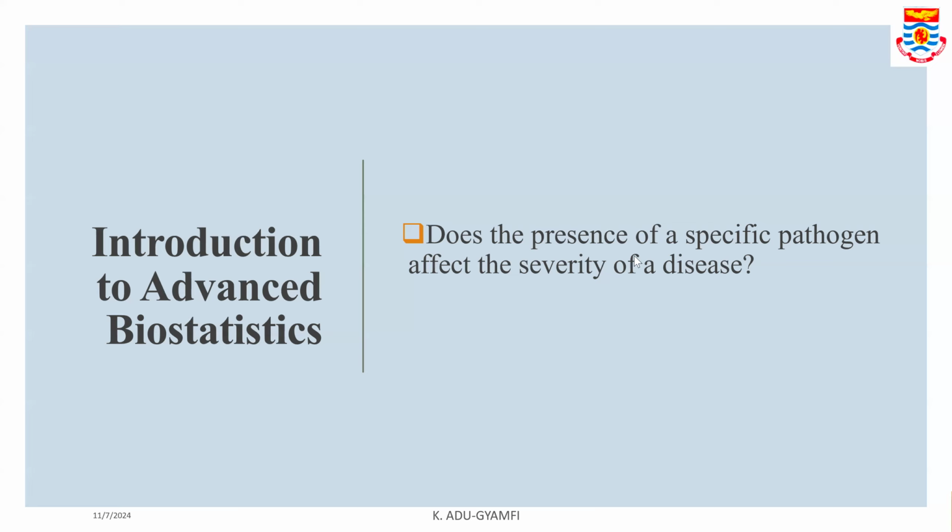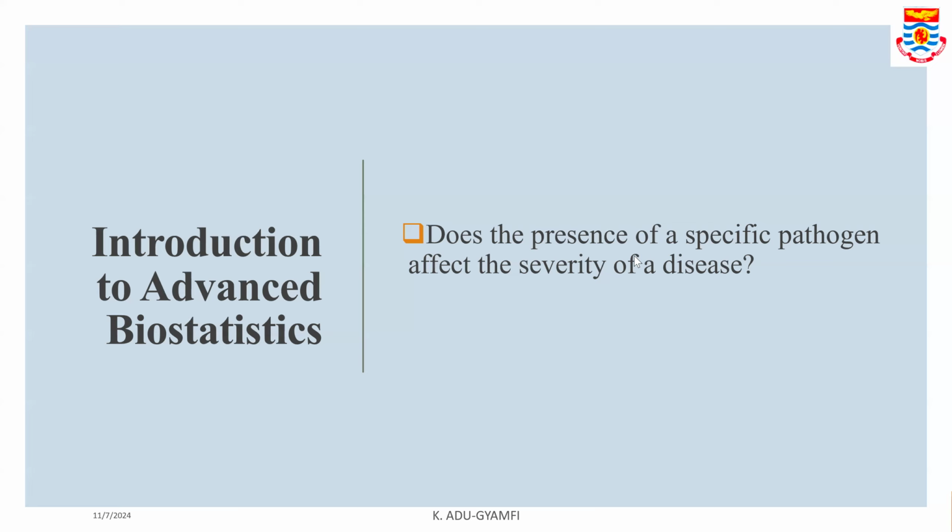So, group 4, we also agreed on the presence of a specific pathogen being the independent variable. And then the severity of the disease will be the dependent, because that will be the outcome being measured on the presence of the pathogen.